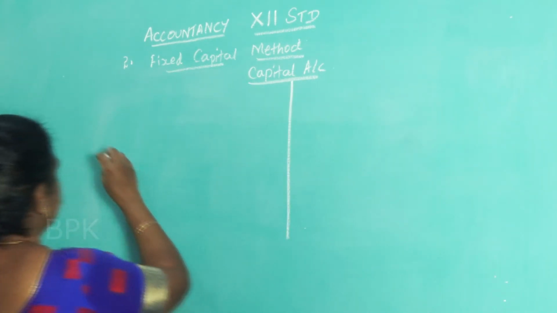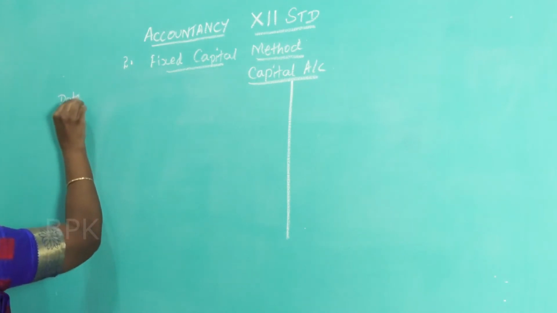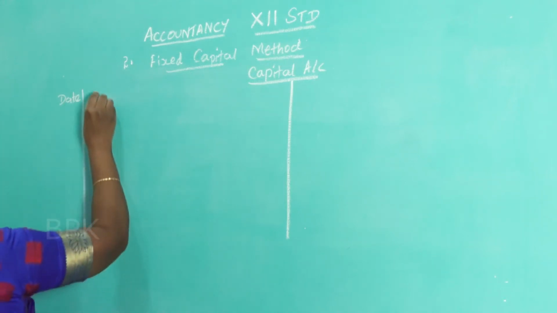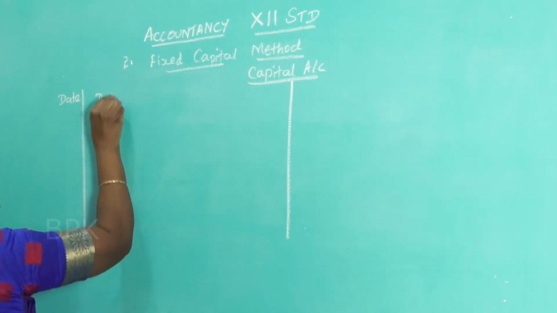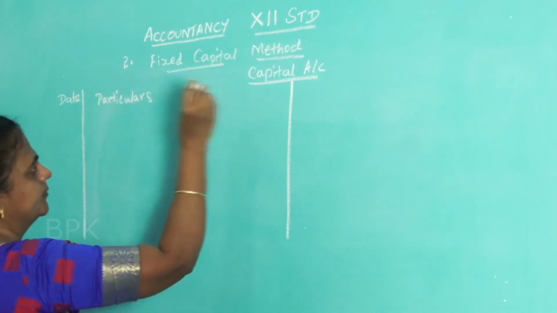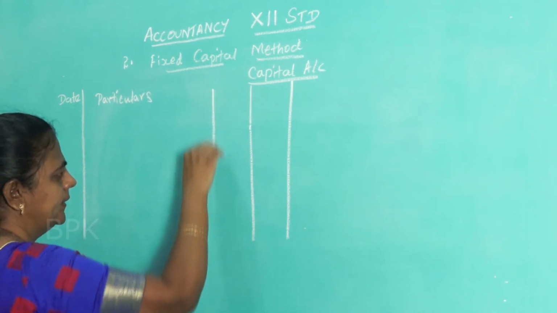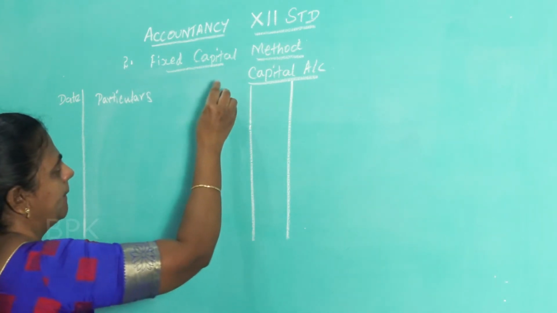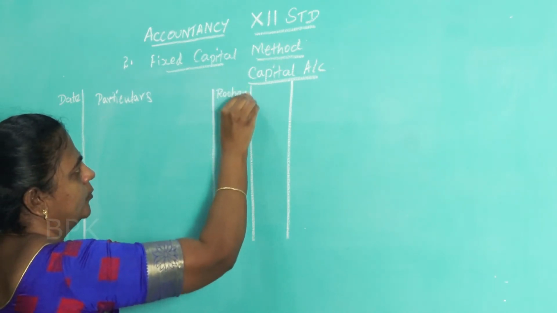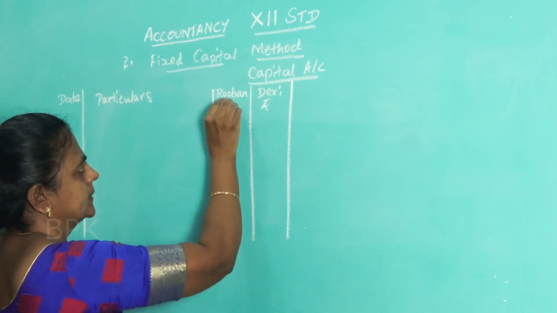So put the date, then particulars, then 2 partners are there, Reuben, Derry, 2 partners.